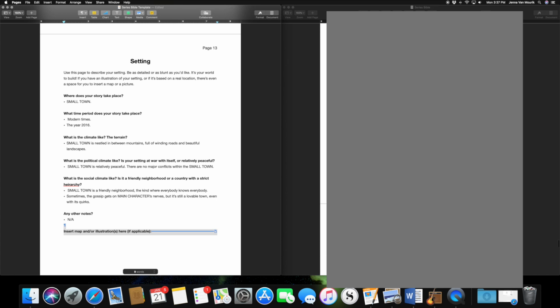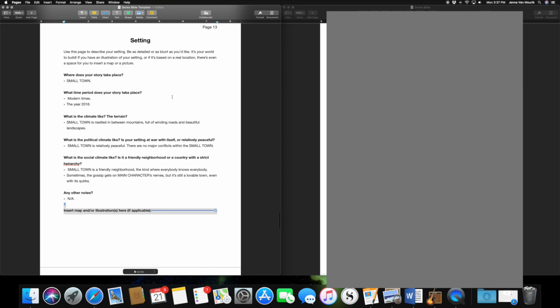So setting, again, be as detailed or as minimalistic as possible. It's really up to you. If your town is based on a real location, if it's a real town, you can put in that information. For instance, if your story took place in San Francisco, you could write down a lot of information about San Francisco.